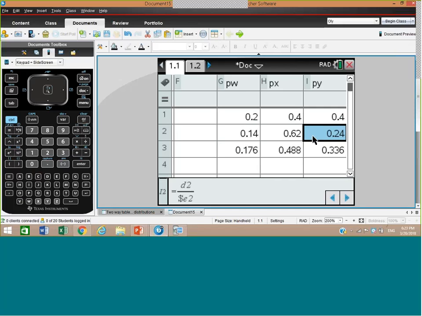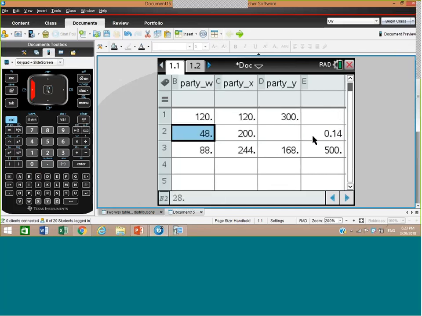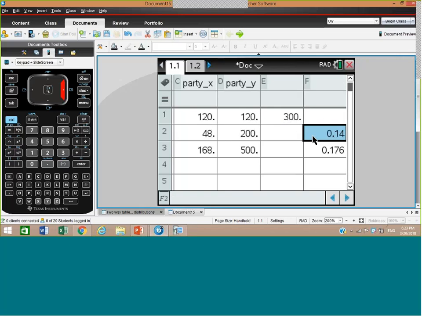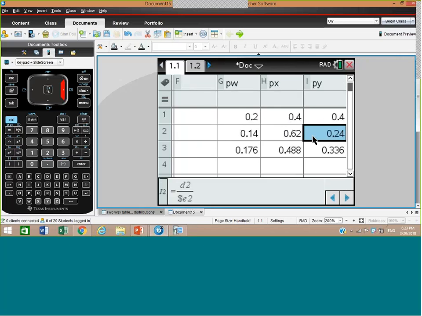D2 is the number of males who were registered in party Y, which is 48, divided by the total number of males, which is the 200. So the calculation being done there is the Y's among the males divided by the total number of males. So that's the computational answer to part A.